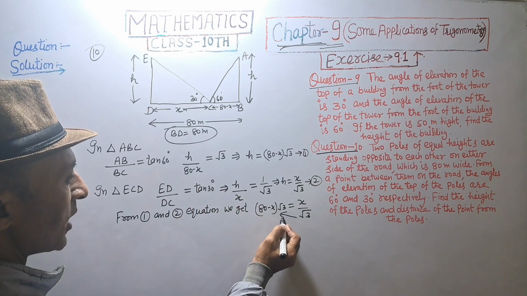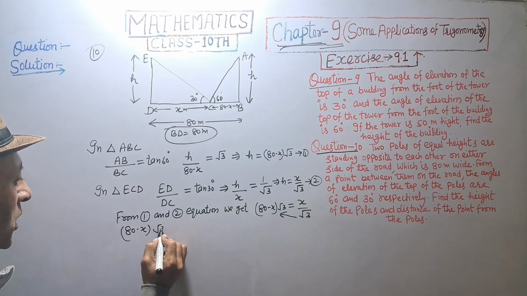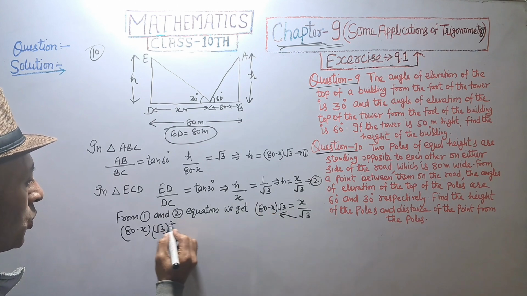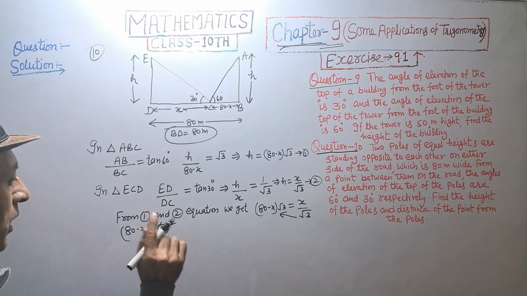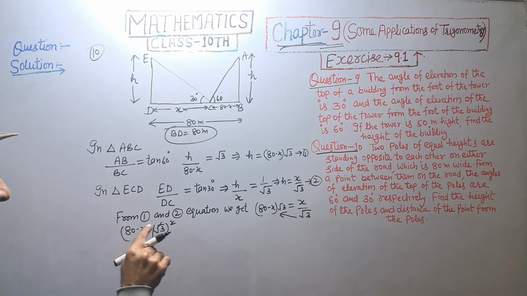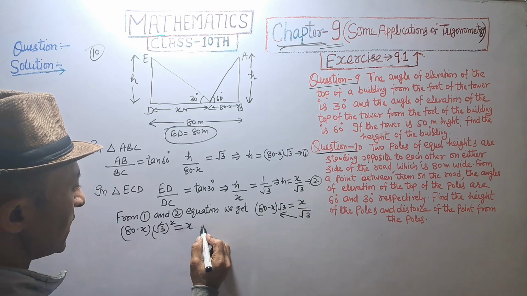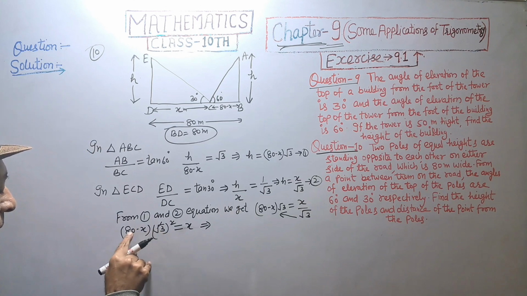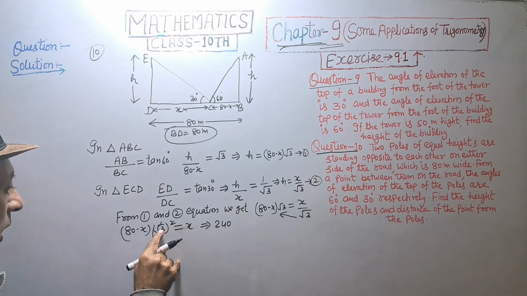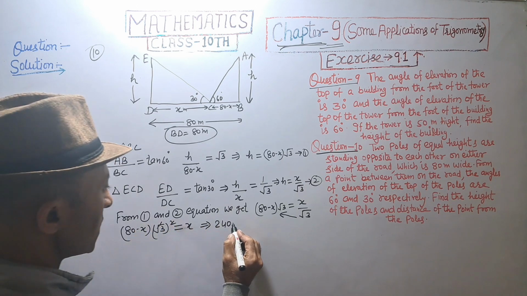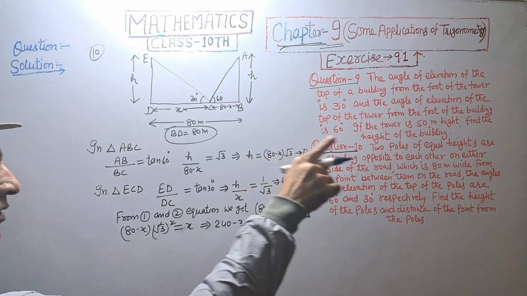√3 multiplied by left side, that is 80 minus X into √3 multiplied by √3, that is √3 square, and square root will be cancelled, and that is only 3, and 3 multiplied by 80, 3 multiplied by minus X is equal to X. This implies 3 multiplied by 80, 240, and 3 multiplied by X, minus 3X is equal to X, and we are shifting minus 3X to the right side.